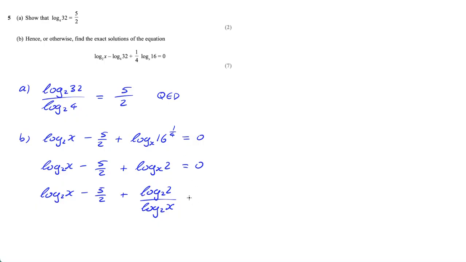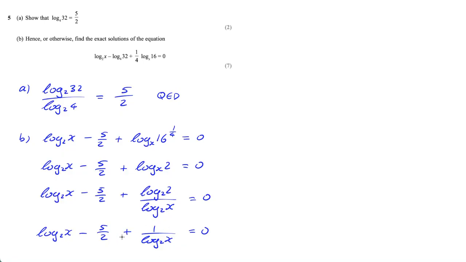And this equals 0. Okay, then guys, well, actually, that's 1. So why don't I just do that first? So log x base 2 minus 5 over 2 plus 1 over log x base 2. Why is that 1? Well, 2 to the power of 1 equals 2. Log of x to the base x is equal to 1 always.